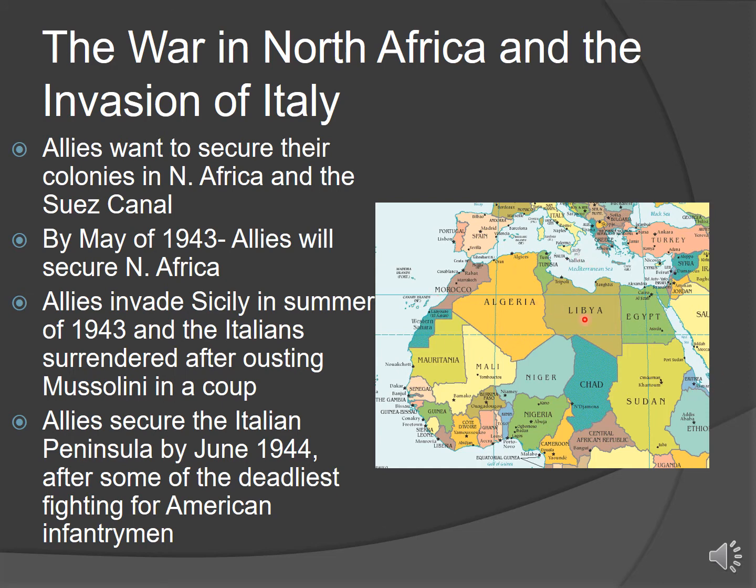So they've already secured North Africa by May of 1943. Now they are going to move on to Sicily. By July, just a couple of weeks later, after they land in Sicily, they begin bombing of Rome, located up here.